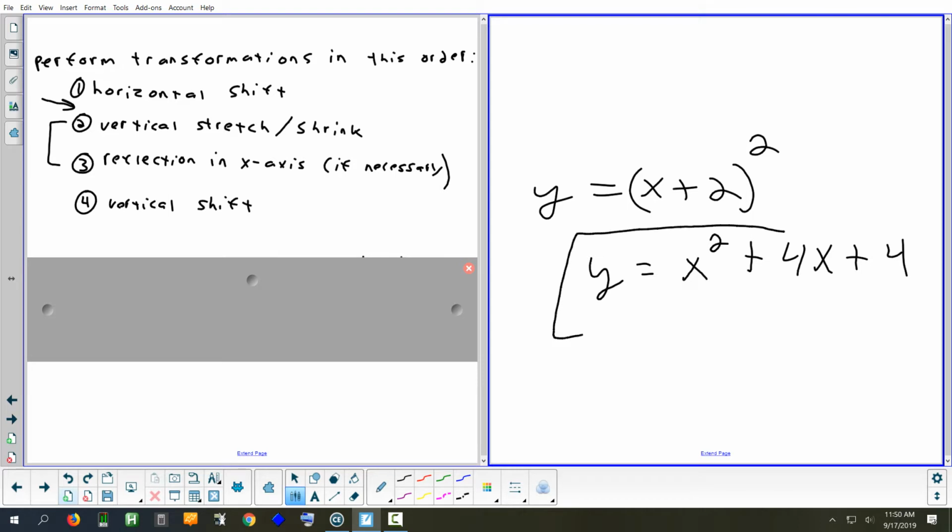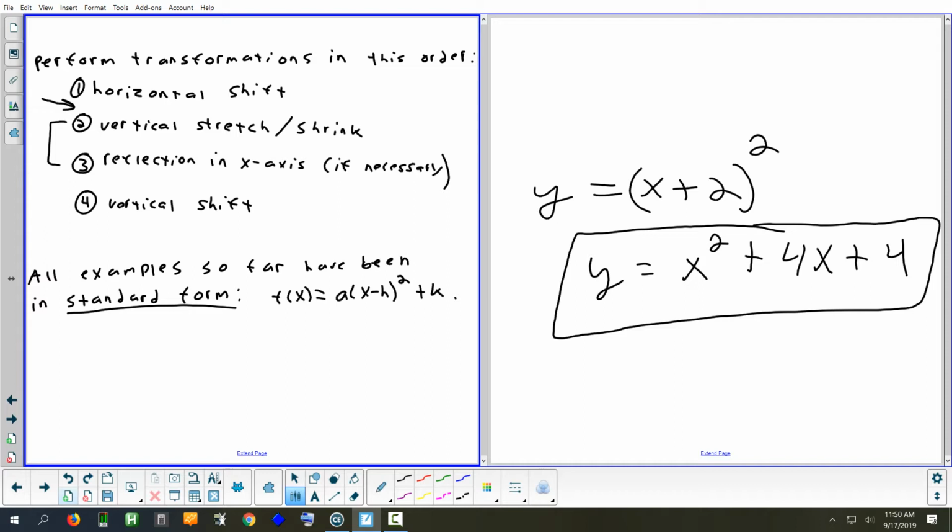This is a pain to work with, right? That's not as easy. I can't tell that you've now shifted it 2 units, because you FOILed the whole thing out. So if you get a problem that's been FOILed out, it's no longer in standard form. What we want is standard form.